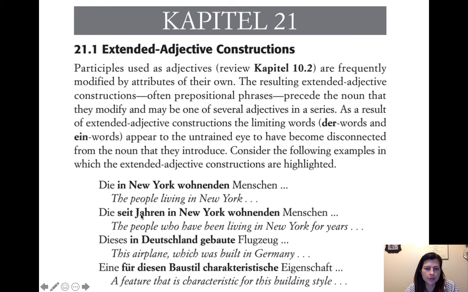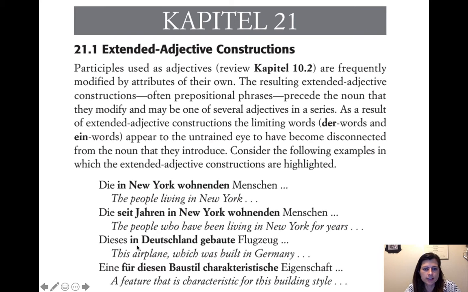Seit Jahren is a time, the amount of time, and then in New York is a place. So the reason seit Jahren is now coming first is because it's a time, and then place after. So the people who have been living in New York for years, a super literal translation would be the for years in New York living people, right?